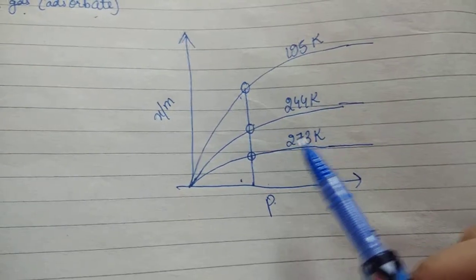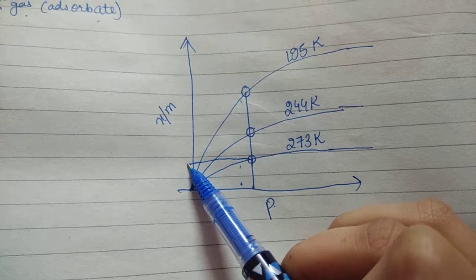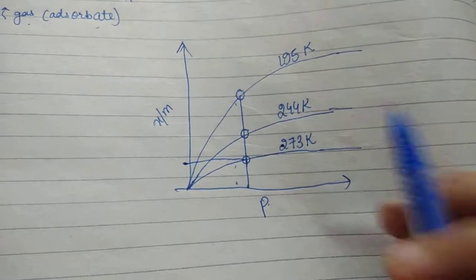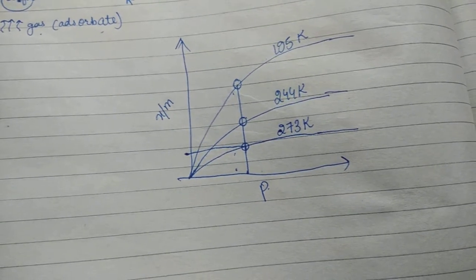The highest temperature in this graph is 273, but the extent of adsorption is minimum out of these three, right? So these three conclusions can be drawn from the graph.